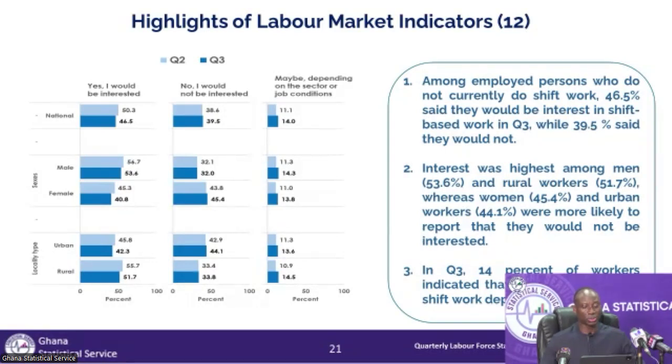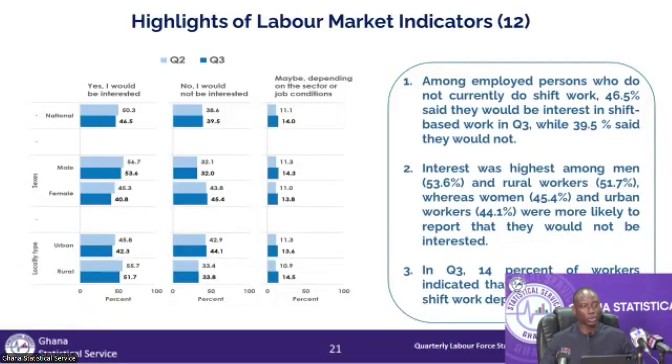In quarter 3 of 2025, about 47% of workers who are currently not in shift work express interest, especially men, which is about 54%, and also especially for rural workers, about 52% who express such interest. So it means that even though currently we have only a small proportion of workers who are doing shift work, whether night or other shifts, there's a huge potential, as we have about 47% of workers who are currently not embarked in that exercise wanting to do so.